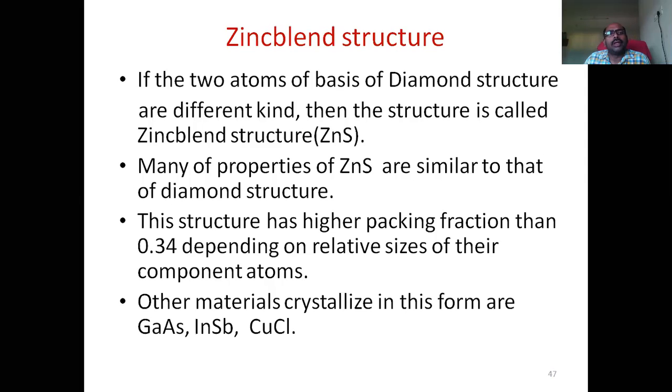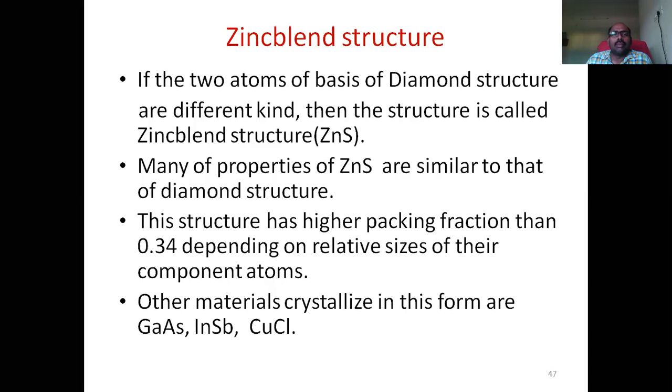In diamond structure, it is a combination or interpenetration of two FCC lattices, and one lattice is displaced along the body diagonal by a distance of 1 by 4 of the length of the body diagonal.